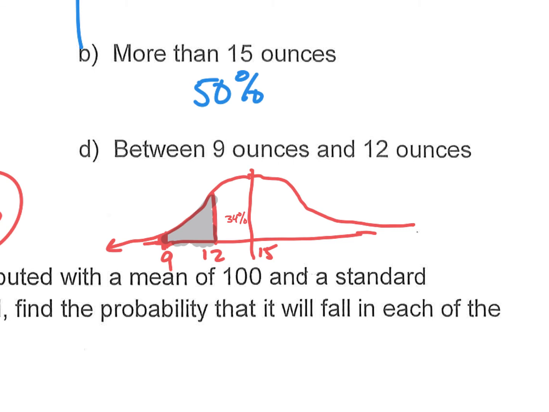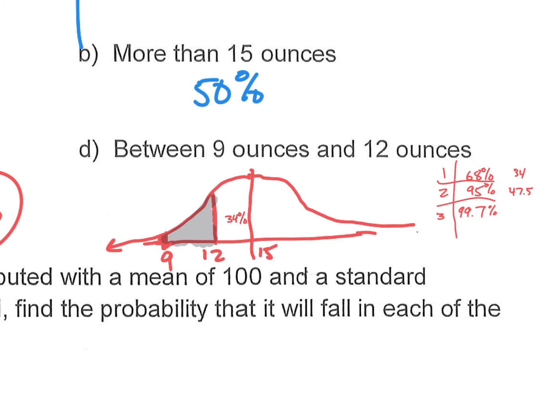So the empirical rule says 68% for 1 standard deviation, 2 is 95%, and 3 is 99.7%. So half of 95 divided by 2 is 47.5, just as half of 68 is 34.